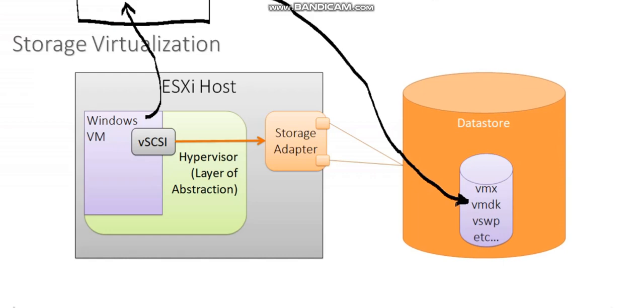My virtual machine will still be able to access its virtual disk and all of the other critical VM files that it needs. So this is how storage virtualization and shared storage help us to achieve mobility. We can take virtual machines, move them to different hosts. We can move their files from one storage system to another without any downtime.